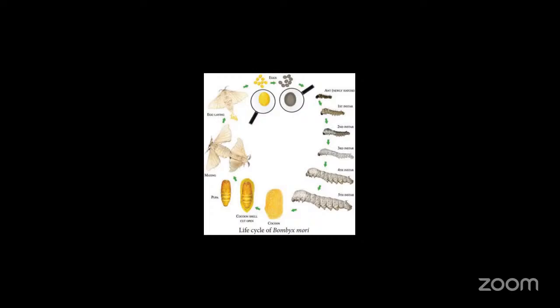The rearing or culture of silkworm larvae is known as sericulture, and in sericulture the very important thing is that you must know all the stages of the silkworm, particularly the larva.